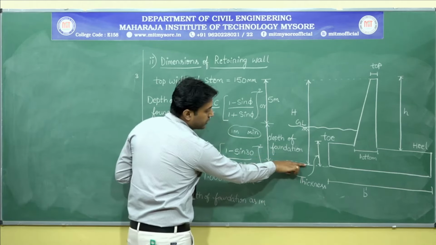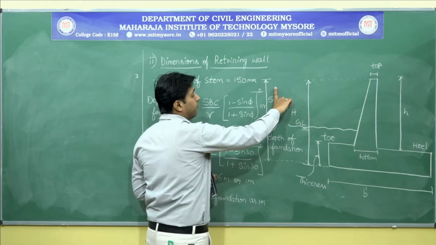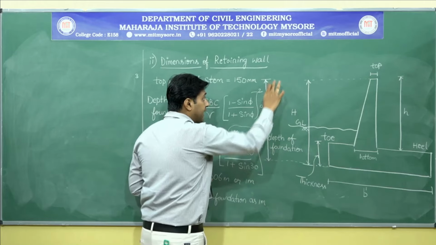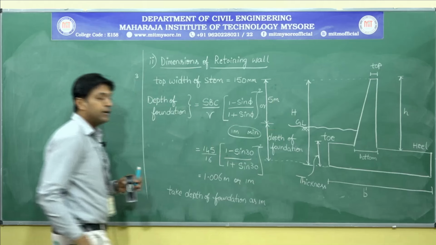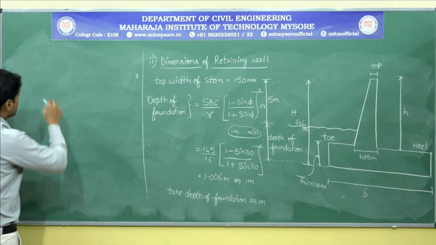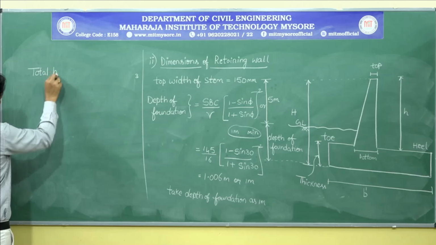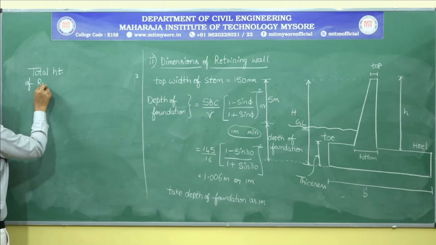Observe here. I got the depth of foundation. I know the soil height that I want to retain. This is 5 meter. The depth of foundation is 1 meter. So I can easily calculate the total height of the retaining wall.